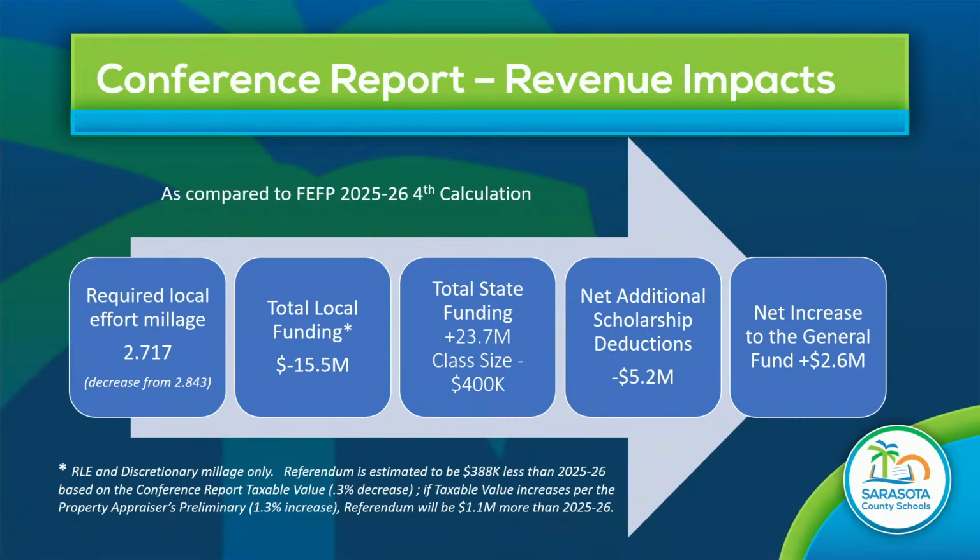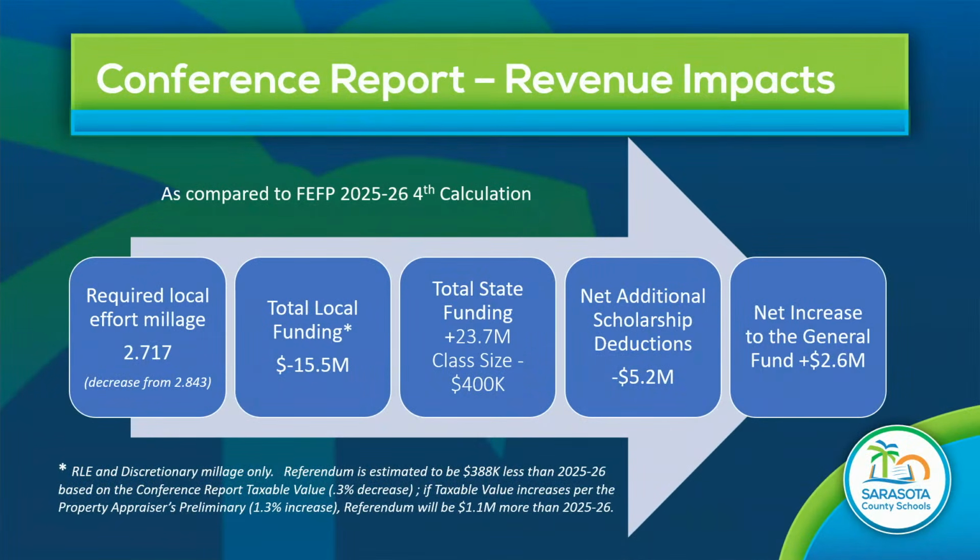And remember that the Florida Empowerment Scholarship can only be used with state dollars, not local dollars. And so that threshold has dropped to 85% to increase the state pot. And so our net deductions additional for next year will be another $5.2 million towards the scholarships.